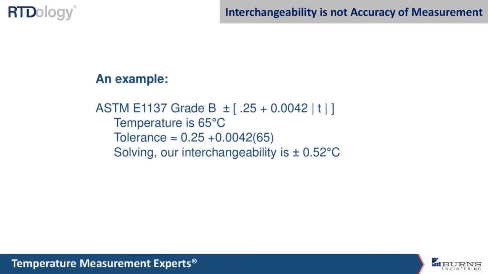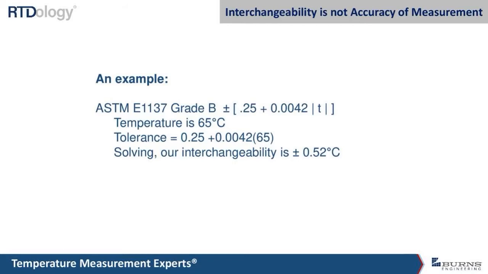And here we have a little example with the grade B. We can see that at 0 degrees C with this ASTM grade B, we're at 0.25 degrees C. And just measuring at 65, the actual interchangeability is 0.52 degrees C. That's one thing that I think is really misunderstood quite a bit about the interchangeability, or class and grades, of PRTs.